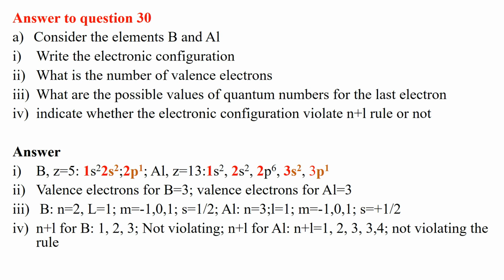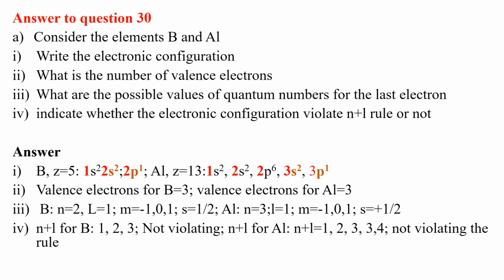Then for 1s, n is equal to 1, and because we have s, l is equal to 0. So n plus l is equal to 1. For 2s, n is equal to 2 and l is equal to 0, so n plus l is 2.